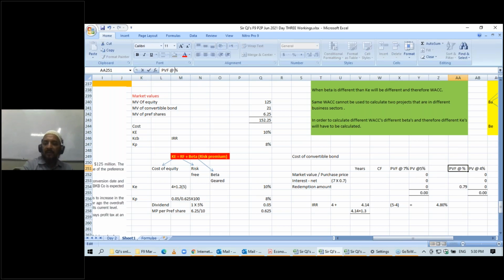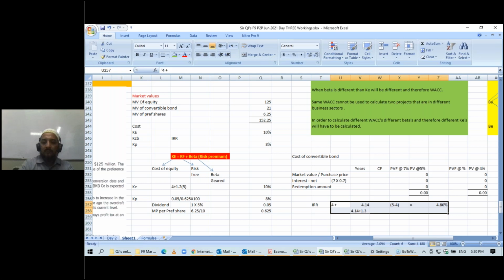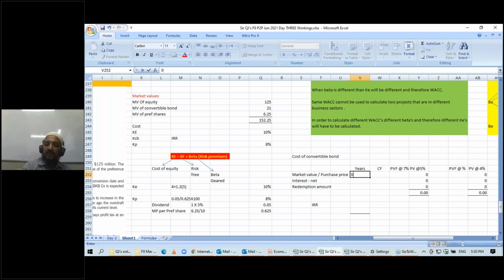If the NPV is negative, I'll reduce the rate, and if the NPV is positive, I'll increase the rate. Okay, now the first cash flow, the investor will buy the bond, convertible bond.